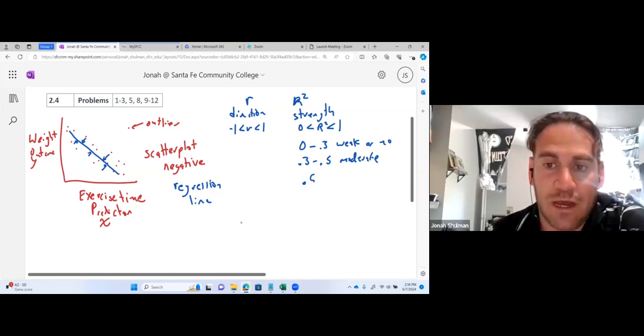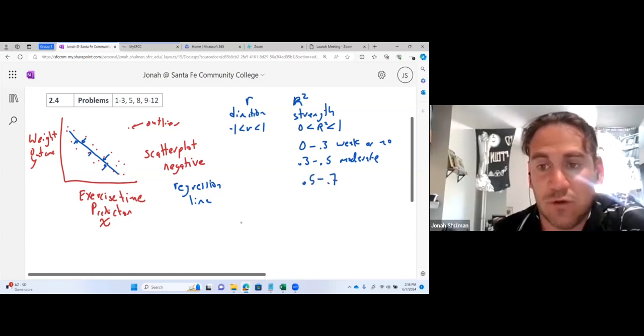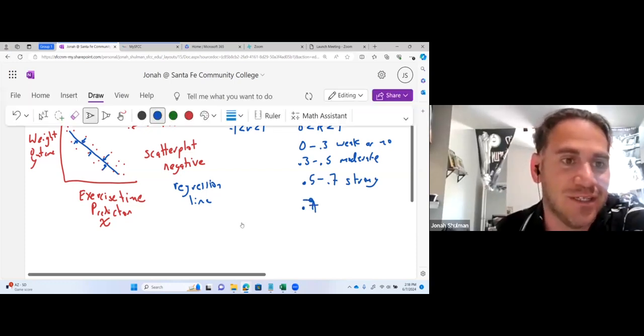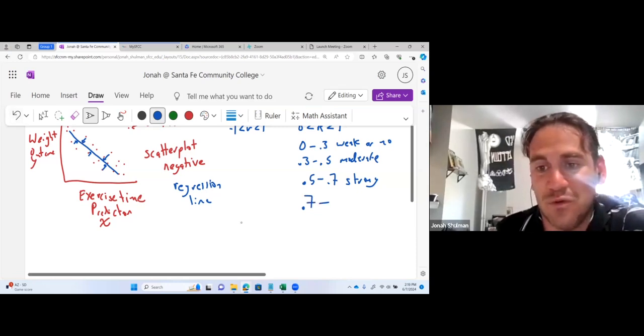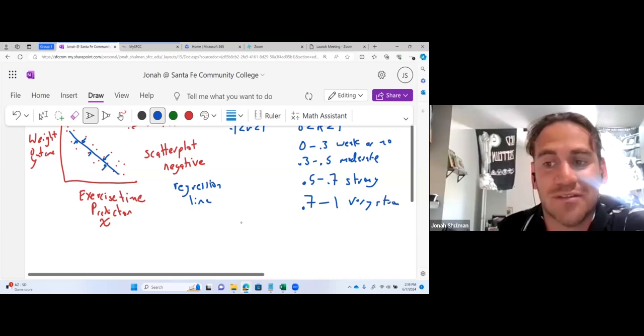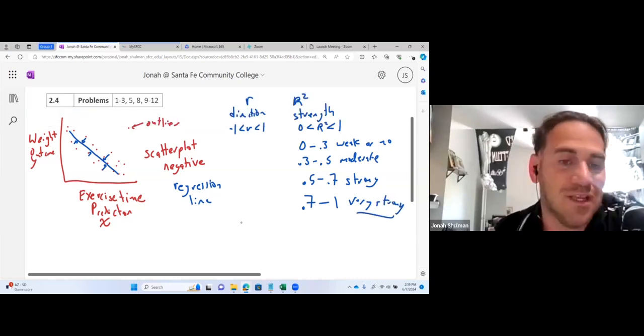From 0.5 to 0.7, we have a strong correlation. And if I'm from 0.7 to 1, it's very strong. I'm pretty sure that's the setup that they have for this.